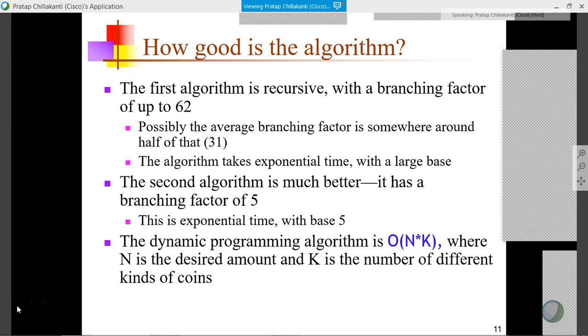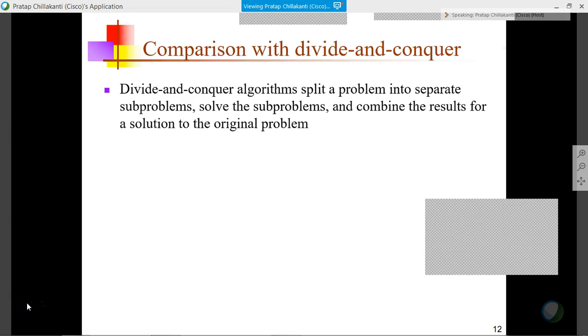This type of approach gives you better performance. Mute yourself, please, whoever is talking. Divide and conquer splits the problem into separate subproblems. You solve the subproblems and combine the results. The 3 classic cases that we have seen are quick sort, merge sort, and binary search, right?